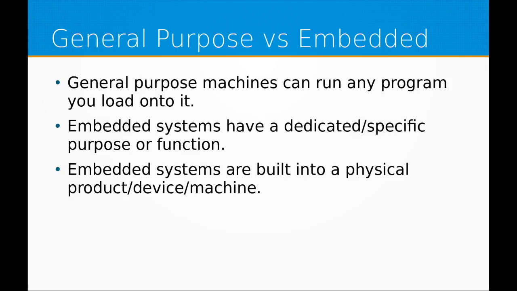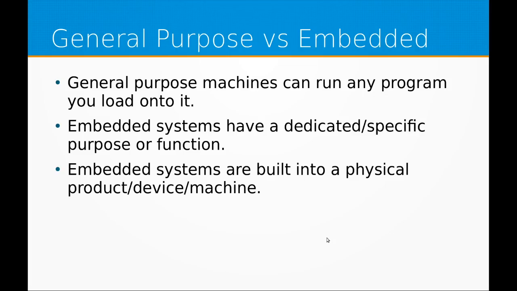You're not going to be downloading a different program to run on your microwave. So it's built into the device, and it's for a specific or dedicated purpose. So those are the two things you need to know about embedded computers. They're for a dedicated purpose, and it's built into a product. Again, if you're giving examples, be obvious. Washing machines and microwaves are awesome examples.